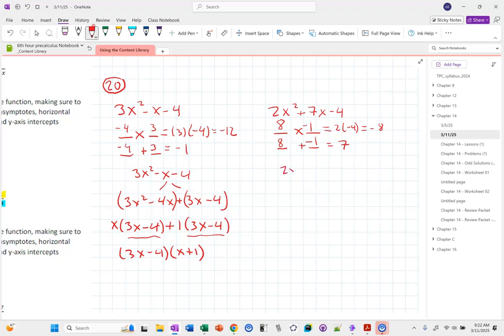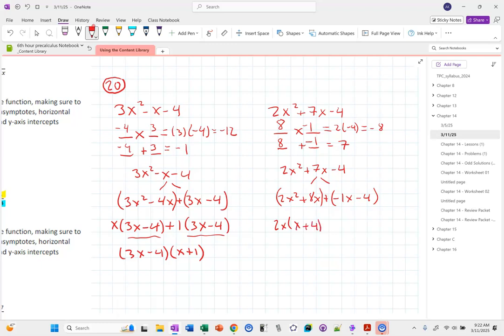Again, this is the kind of thing that you should be able to do inside of 10 seconds. Find those two numbers. So again, 8 and negative 1 just tell us how to break up that middle term. Make our two groups. From the first group, we can take out a 2x.